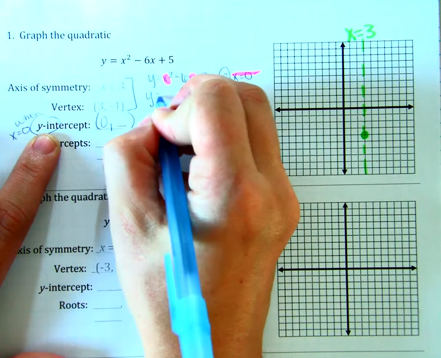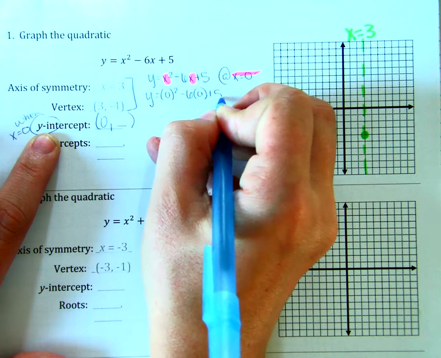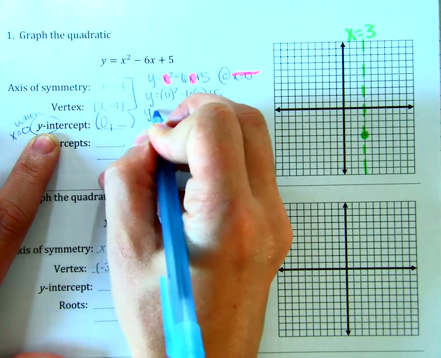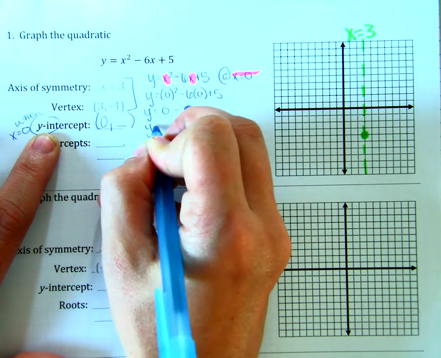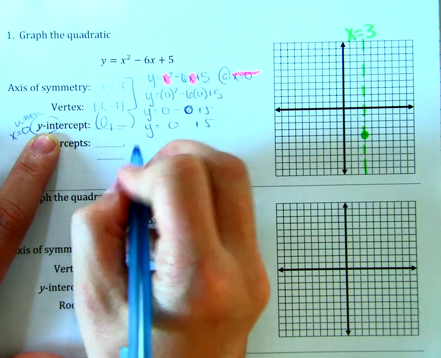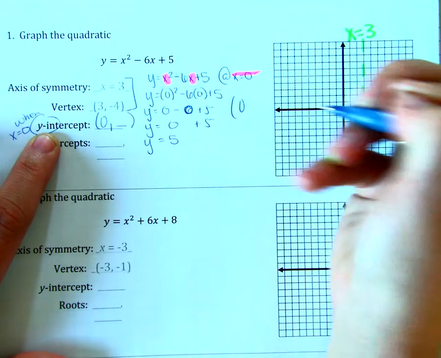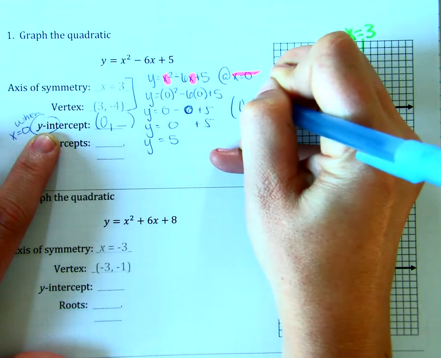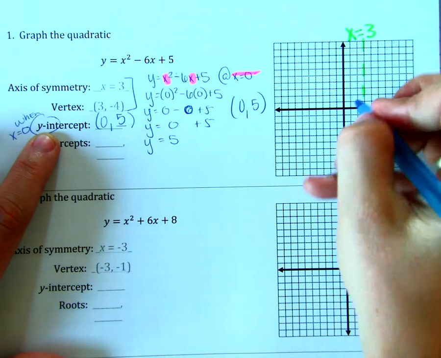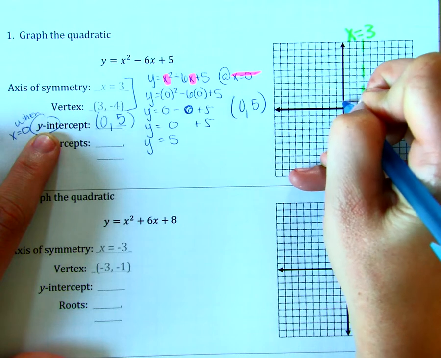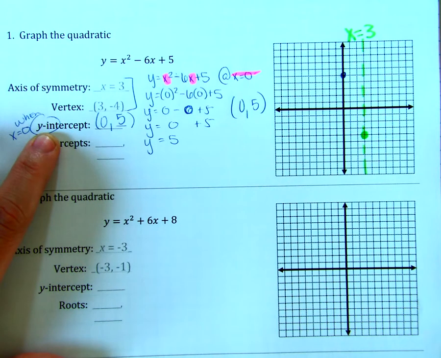So y equals 0 squared minus 6 times 0 plus 5. 0 squared is 0. 6 times 0 is 0. 0 minus 0 is 0. And 0 plus 5 is 5. So when x equals 0, y equals 5. That's going to be your y-intercept. Left or right 0, up 1, 2, 3, 4, 5 units. And it's a y-intercept.